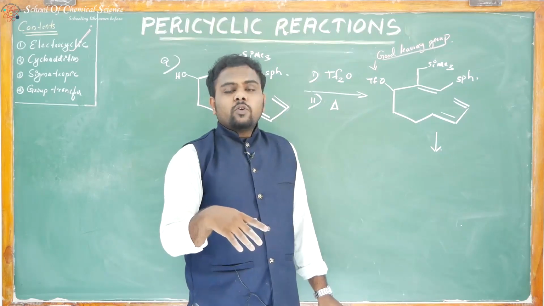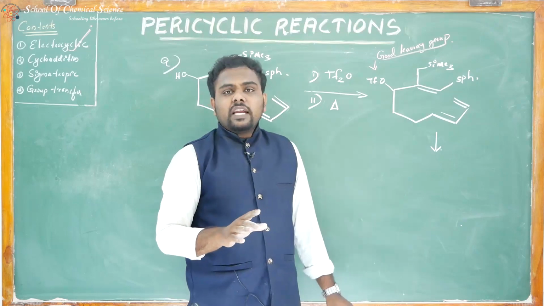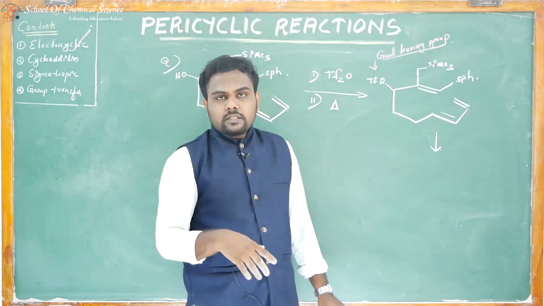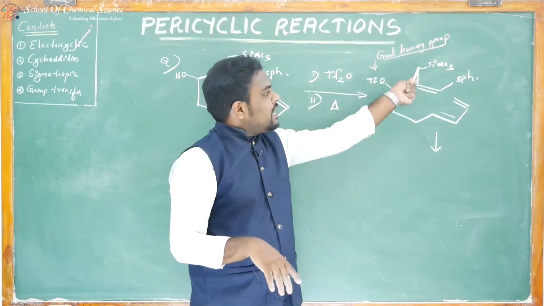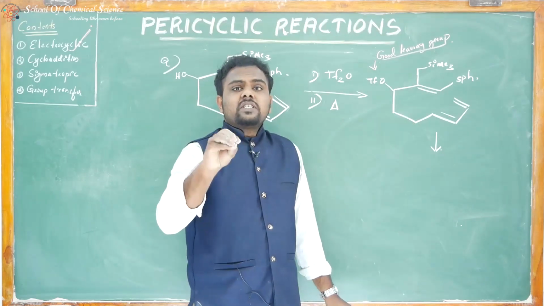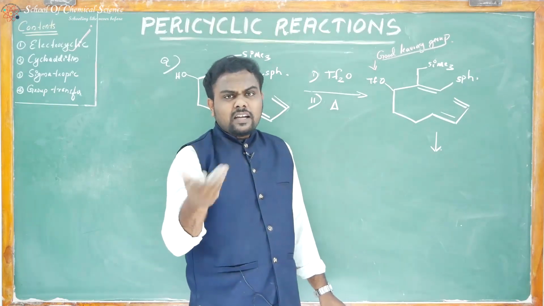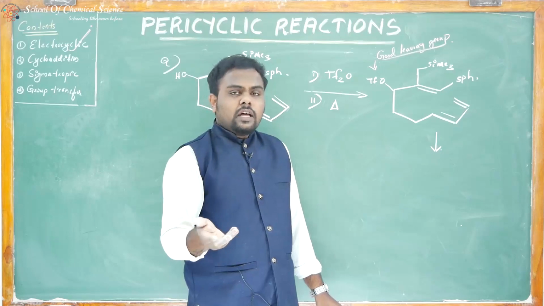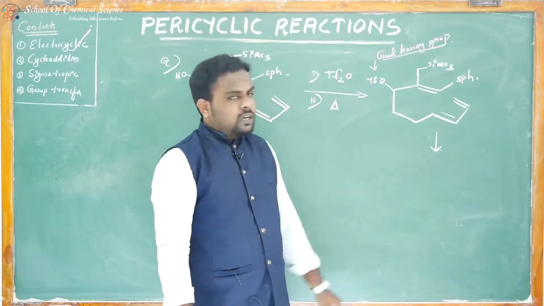OAc is a good leaving group because that ion is resonance stabilized. OTf is also a good leaving group because that ion is resonance stabilized. H2O is a good leaving group because H2O is neutral. SiMe3 is a good leaving group because that positive charge is stabilized by the silicon. Since these are good leaving groups, we will study about leaving groups in the general organic chemistry section. So OTf is a good leaving group.